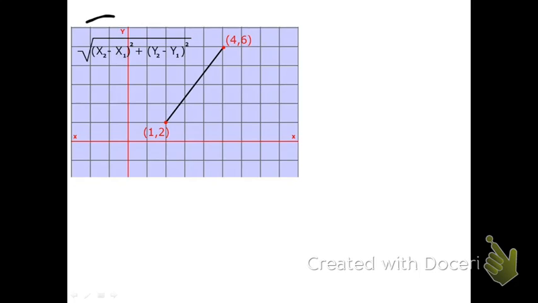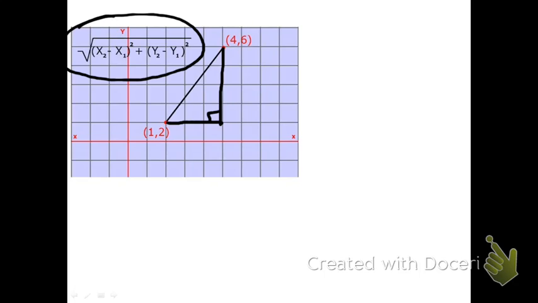Here's the formula. The square root of the difference of the x-coordinate squared plus the difference of the y-coordinate squared. And it comes from this right here. I'm going to complete my right triangle. Okay?